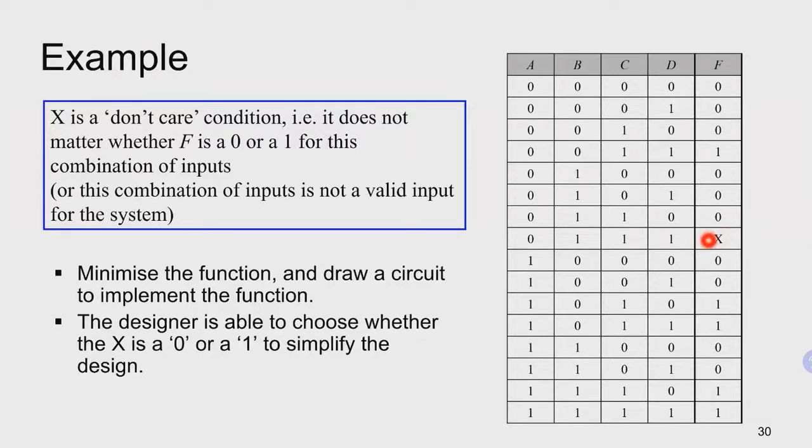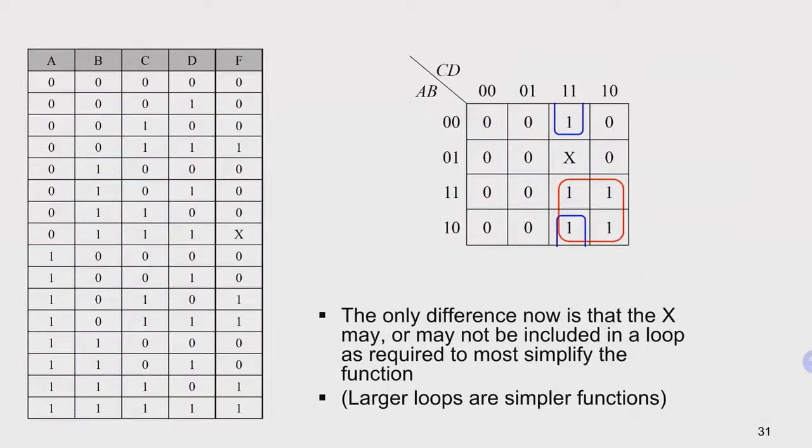If not, we'll use it as 0. In our previous example, the X there was 0, but now if that particular combination of input is a don't care, we put an X there.